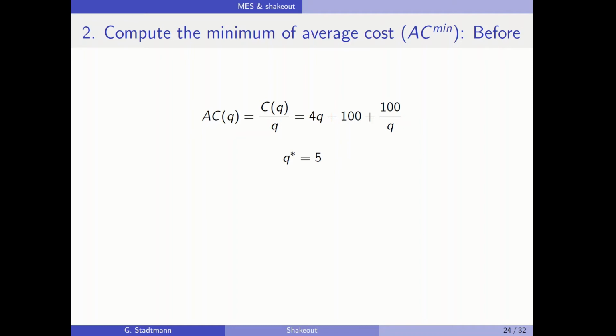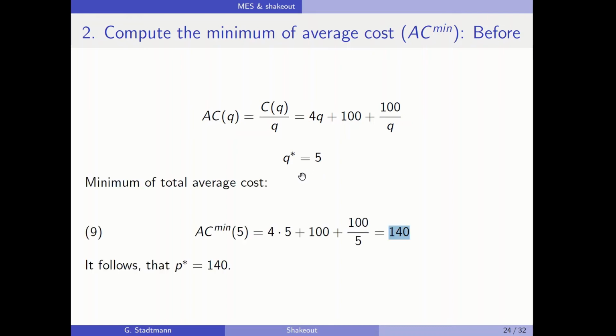How large are the average costs if the company is producing an output equal to 5? When we insert the quantity of 5 into the average cost function, the average costs are equal to 140. So it costs on average 140 euros to produce one unit of output.